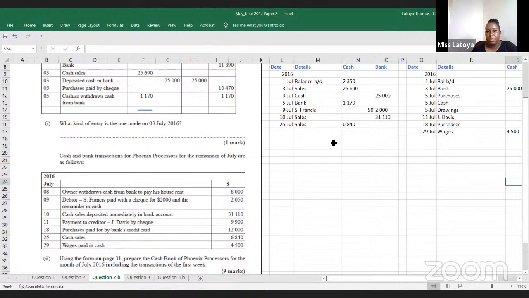We have all the information. Now we need to add up and put in our balances. Okay, when we total this side, we're getting a total of 36,100. On this side, scrolling down because I'm adding it up. The total on this side is 58,110.